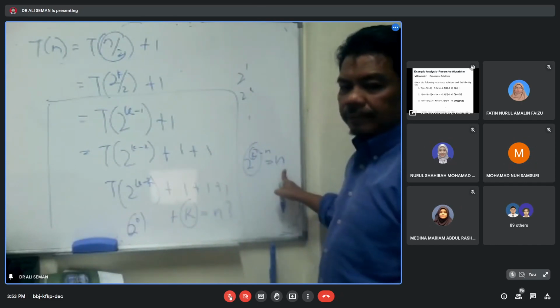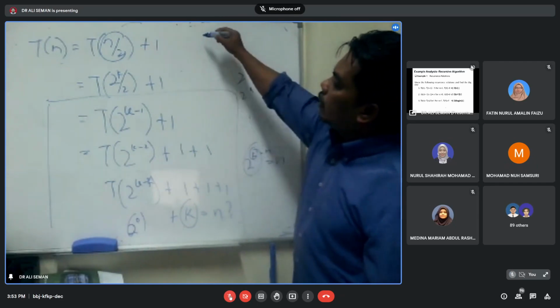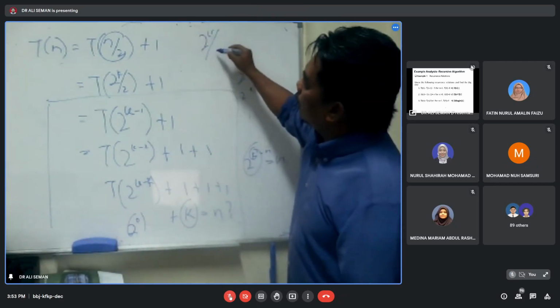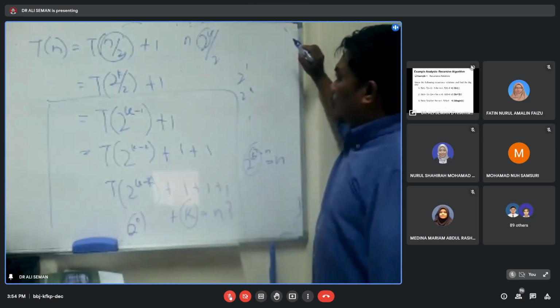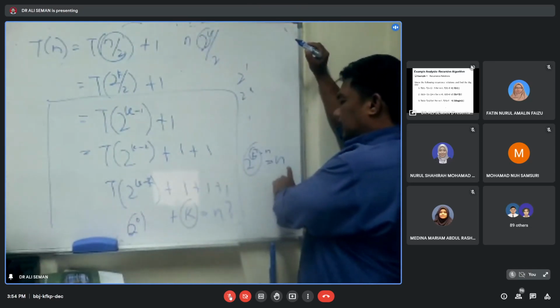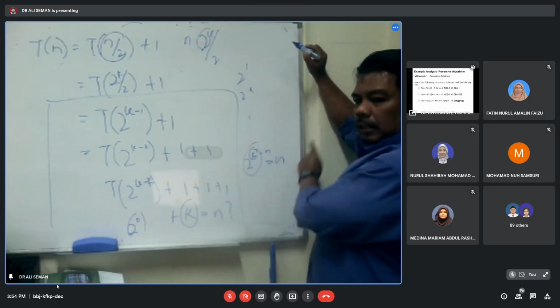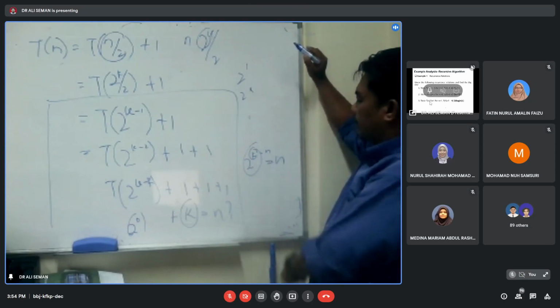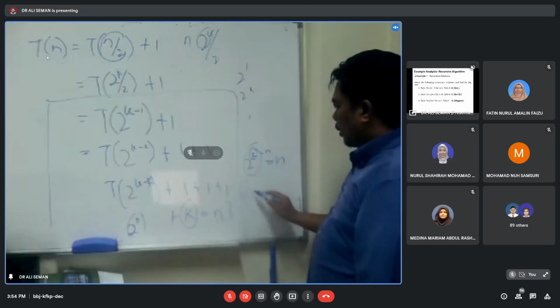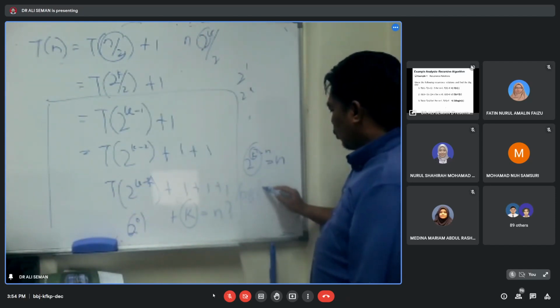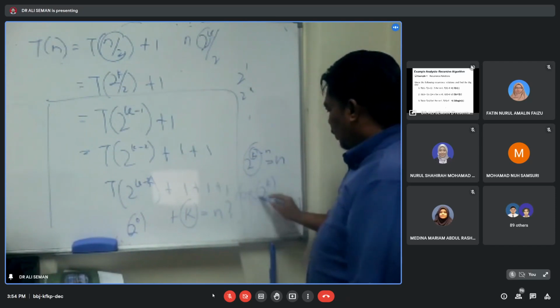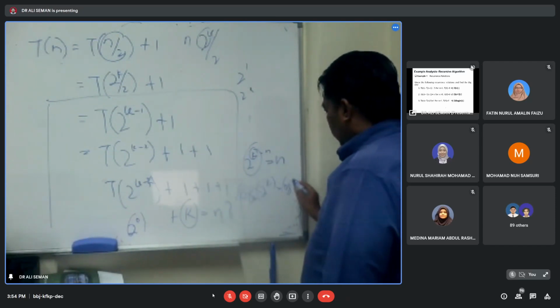2 power k equal to n. Baru betul kan? Because we take that just now 2 power k over 2, which is this n. So if not n must be log n, slightly less than n. So we assume that log of 2 power of k, base 2, equal to log n.